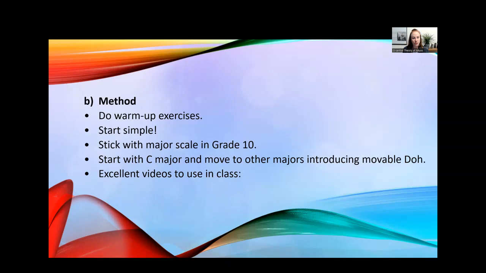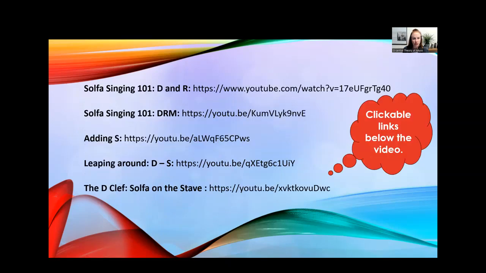And then I would like to recommend a couple of really excellent videos to use in class. Okay, so the first one is Solfa Singing 101, the difference between do and re. The next one is do, re, mi, adding so and do and so. And then the last one, the D clef, solfa on the staff.